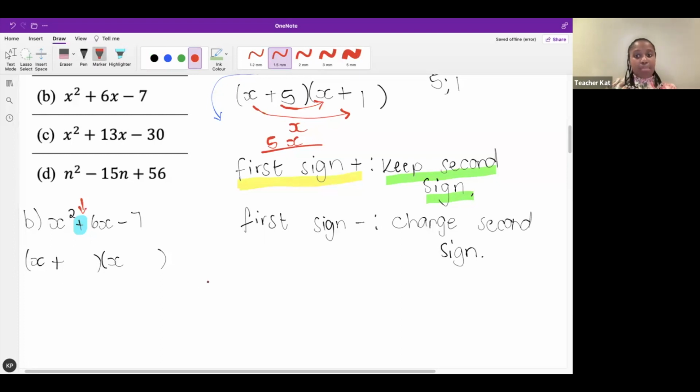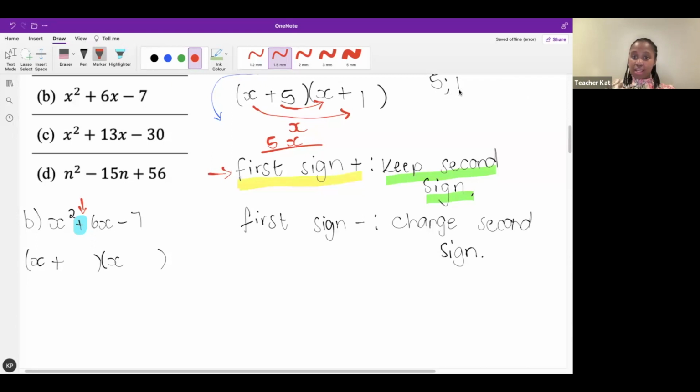After I place it, is this a keep or a change for my second sign? Is it a keep or a change? Look carefully. The descriptions are on the side here. If my first sign is a positive, do I have a keep or a change? We're not reading, guys.